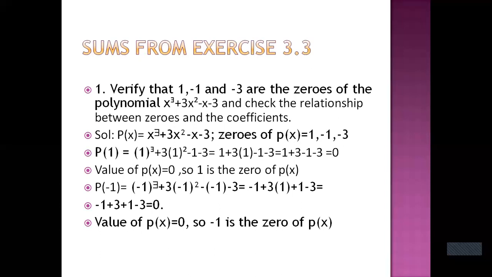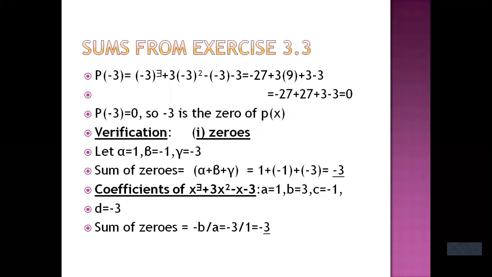Now let us verify with the third zero, that is P of minus 3. Minus 3 whole cube plus 3 into minus 3 whole square minus of minus 3 minus 3. That is equal to minus 3 whole cube value is minus 27. Minus 3 into minus 3 into minus 3, which is minus 27. Then 3 into minus 3 whole square, that is 3 into 9.